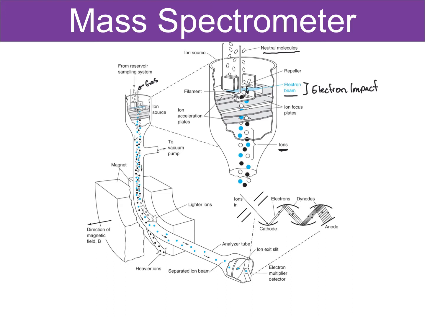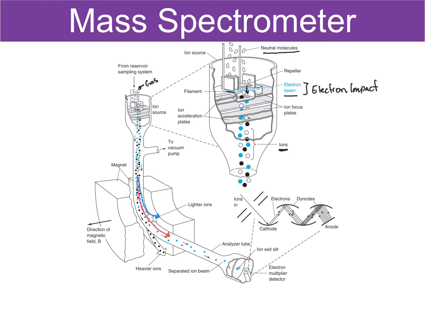These ions then go through this curved magnetic field. Well, this is one approach. This is the old school traditional approach, is that we run these ions through this curved magnetic field. And so these ions have to turn in order to make it through this path. And light ions, they turn a lot in the magnetic field because it doesn't take as much magnetic force in order to move these ions.